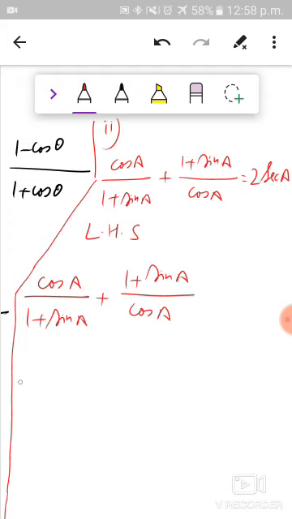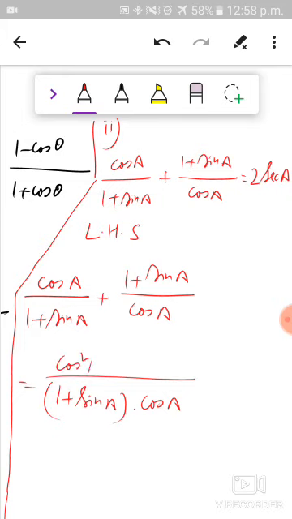So first of all we can take the LCM. The LCM will be (1 plus sin A) multiplied by cos A. So we'll have cos A into cos A is cos² A plus (1 plus sin A) whole square. Hopefully you know how to take LCM.